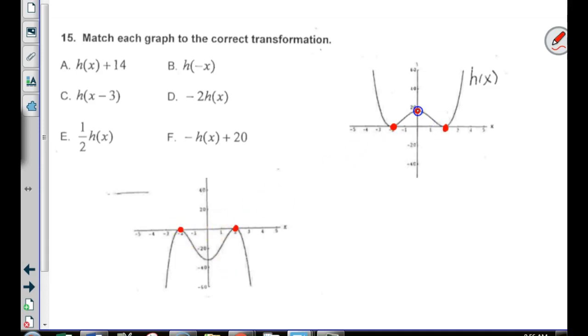But this used to cross like at 18 and now it's down at like 36. So which one? D, because it's upside down, so it's got to have the negative outside. And the 2 would multiply this y-intercept by 2. So it's a vertical stretch and a reflection.